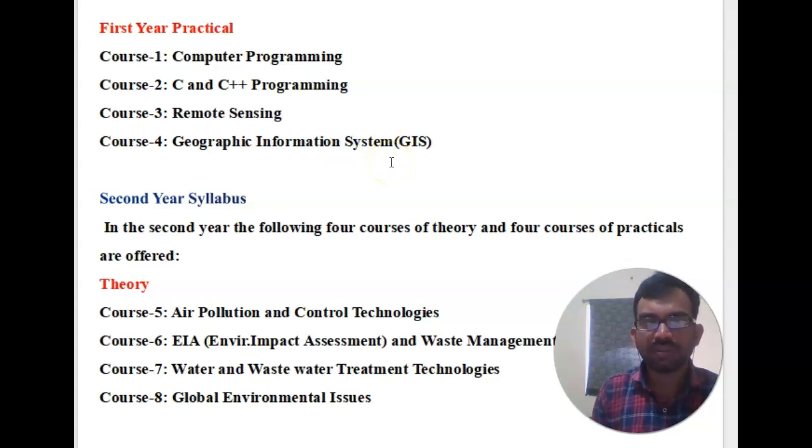Then you can look into the second year syllabus. In the second year, the following 4 courses of theory and 4 courses of practicals are offered. Course 5 is air pollution and control technologies, and course 6 is environmental impact assessment and waste management.